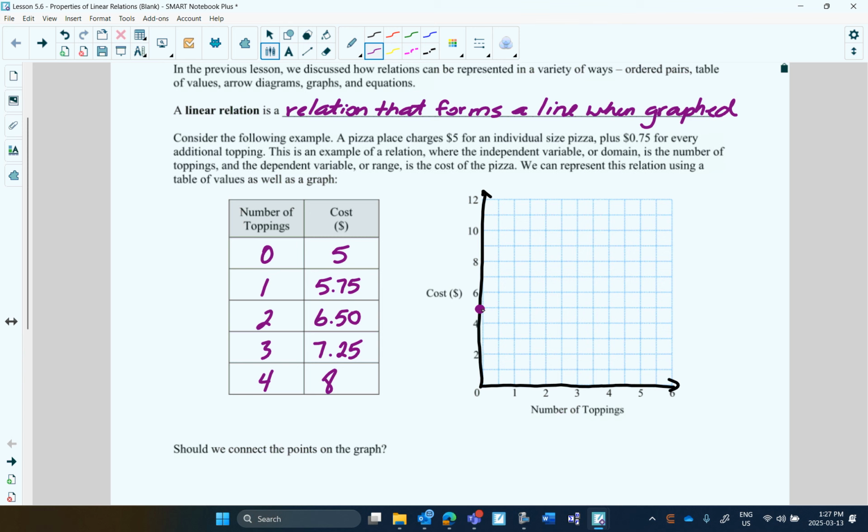Well, I have to get approximate here. So it would be under 6, but close to 6. For 2 toppings, it would be about halfway between 6 and 7, so about there. 3 toppings would be $7.25, or about there. And 4 toppings would be exactly $8.